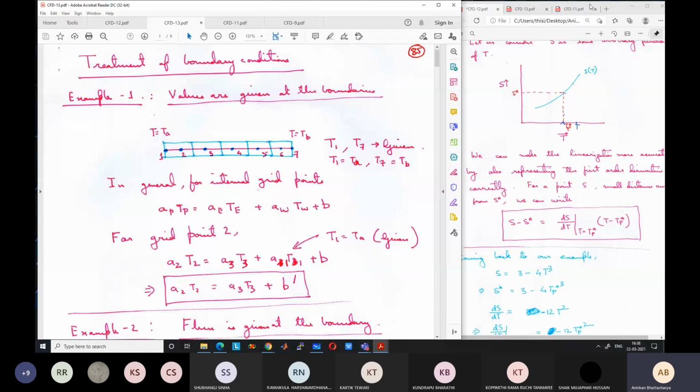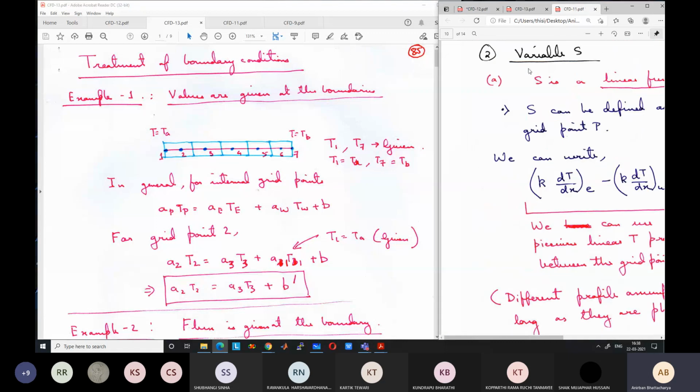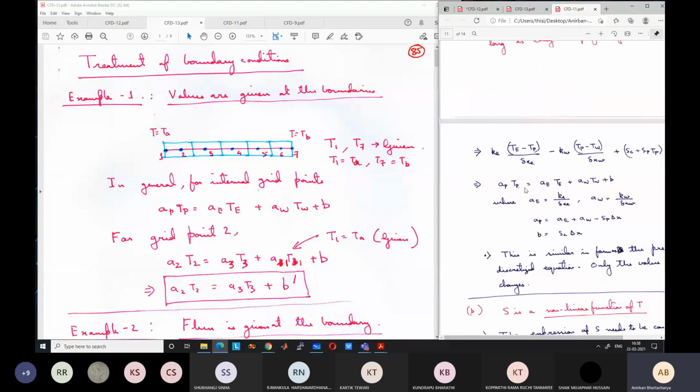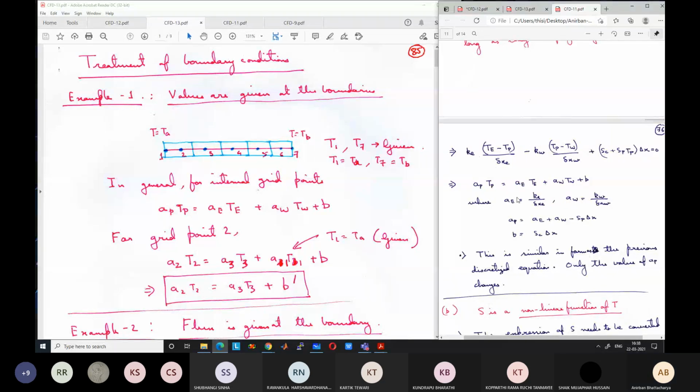For the P grid point, what was the discretized equation? This was the discretized equation, right? APTP equal to AETE plus AWTW plus B, where we knew the values of AE, AW, AP and B. This is for a one-dimensional conduction problem with linear source term.